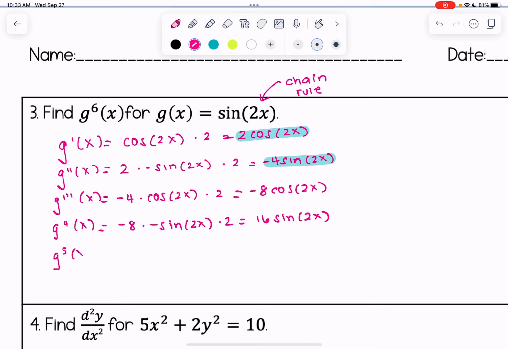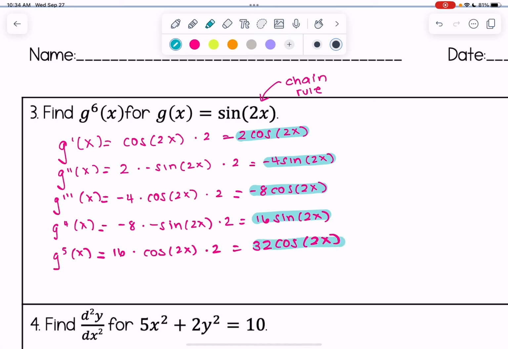Now our fifth derivative. Okay, so again, just a reminder, I'm taking a derivative of whatever I end up with at the end, my simplified version. So 16, derivative of sine is cosine, keep the 2x, times the derivative of the inside, so 32 cosine 2x. And finally, we're looking for our sixth derivative, so I'm going to take the derivative of that.